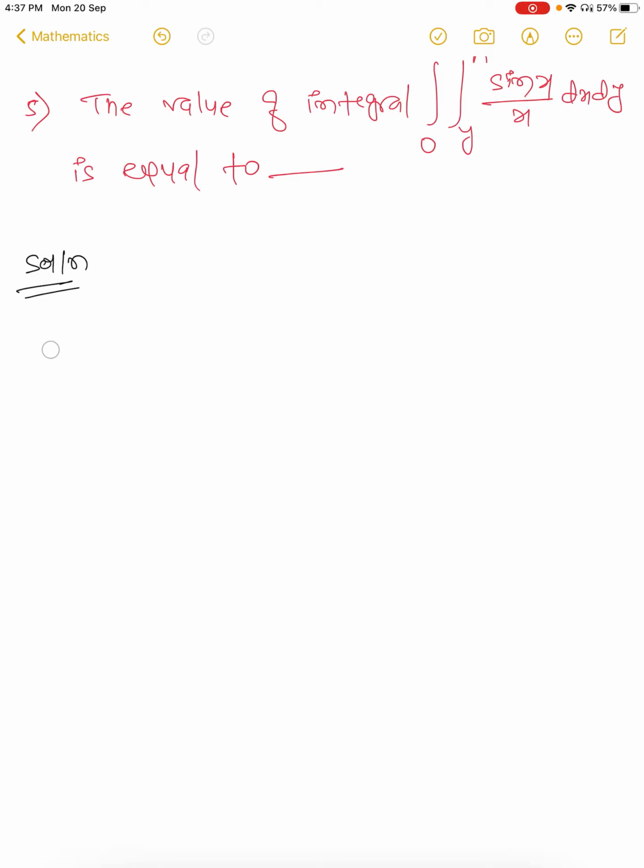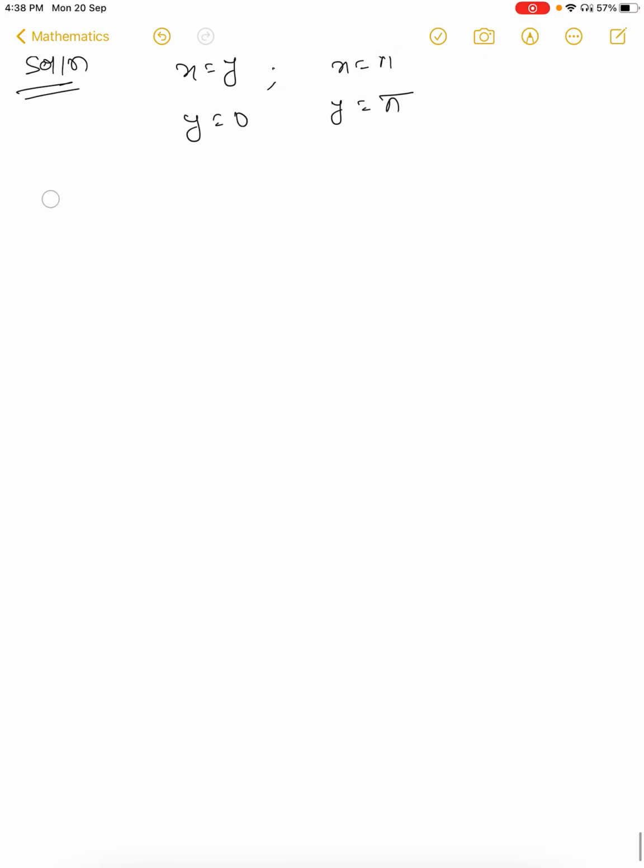See, x is equal to y, so x is equal to pi and y is equal to 0 and y is equal to pi. So the integration is from 0 to pi and y to pi of sin x upon x dx dy.